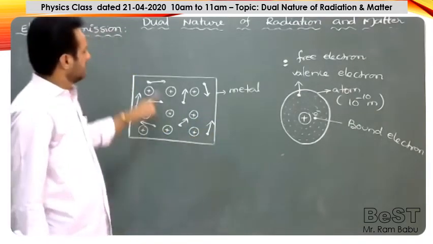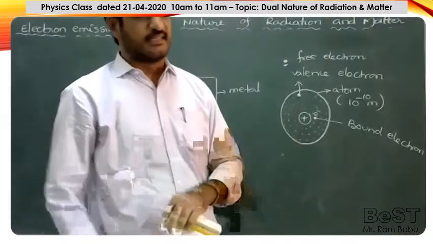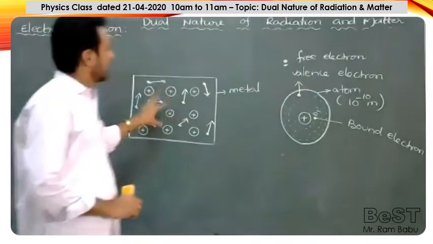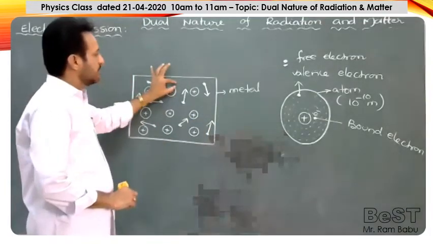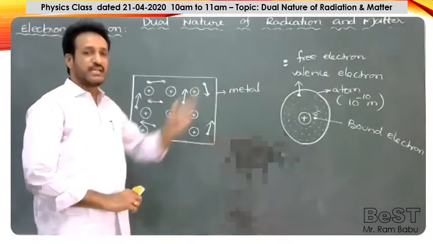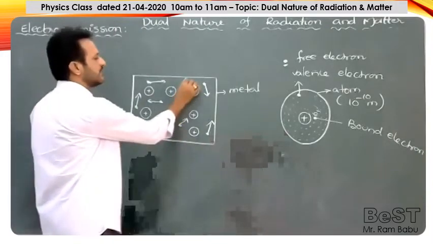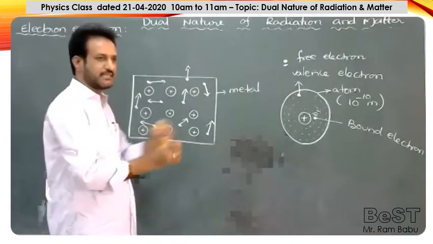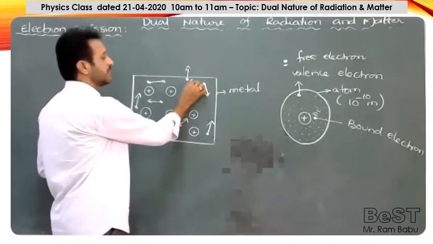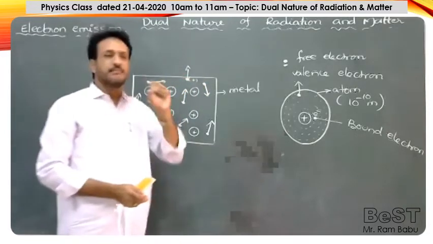So check once again: a metal contains a large number of free electrons, and all the free electrons move randomly throughout the metal. But no electron leaves the metal surface. Why? When one electron tries to come outside from the metal surface, immediately a positive ion is created, and that positive charge pulls the electron backwards.